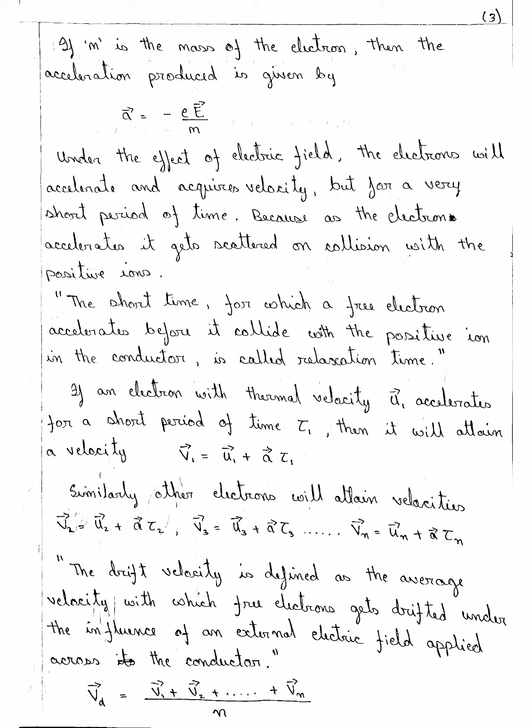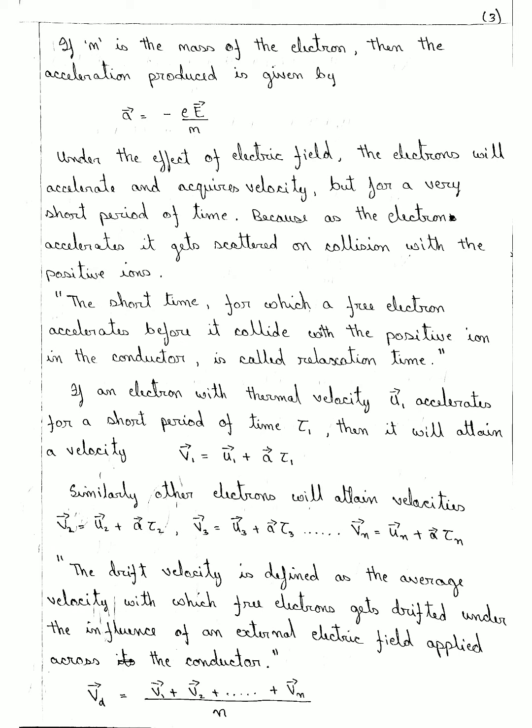So if an electron with initial velocity u1 accelerates for a short period of time tau1, then from the equation of motion it will attain a velocity v1 equal to u1 plus a tau1.